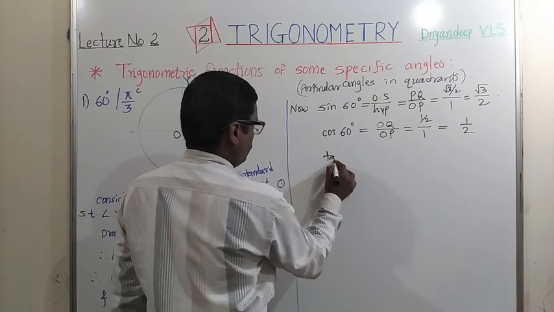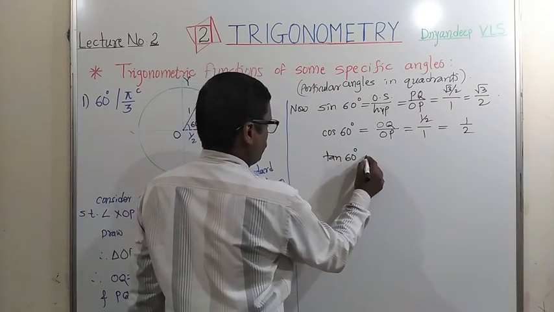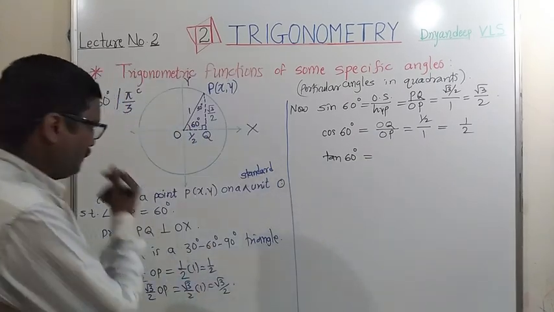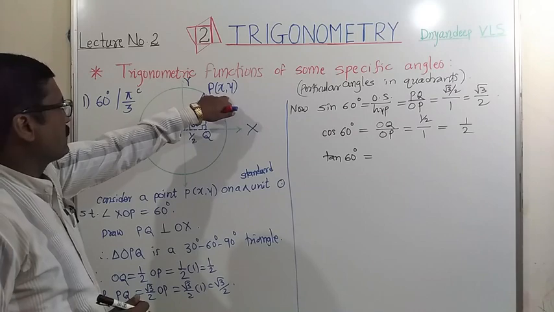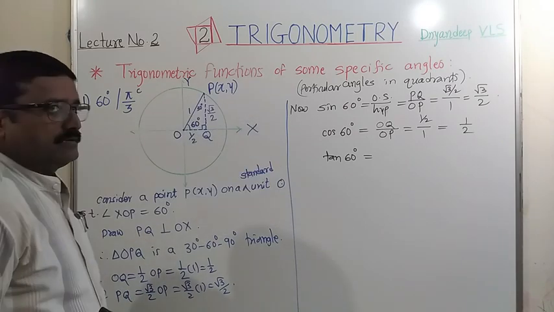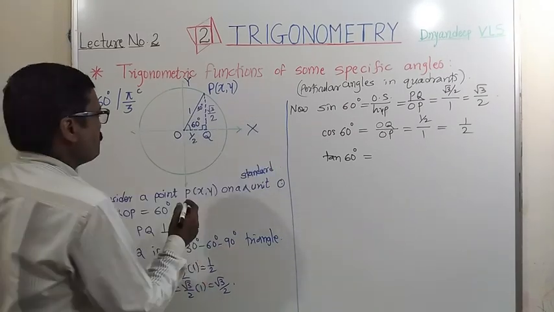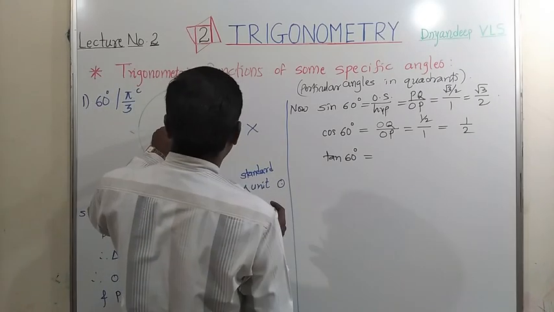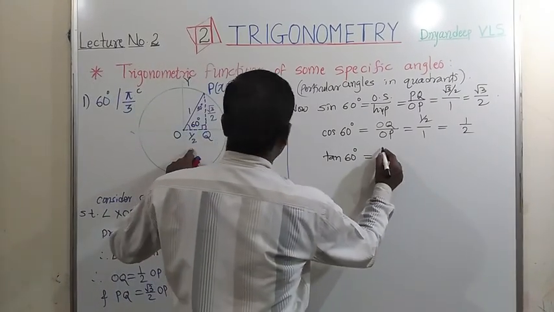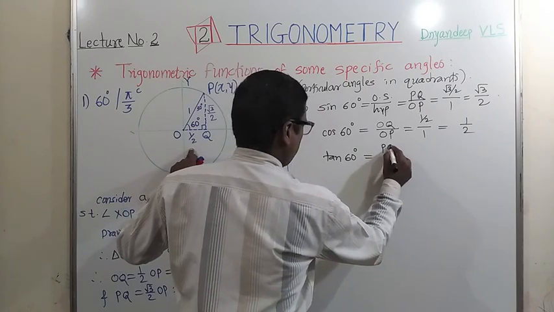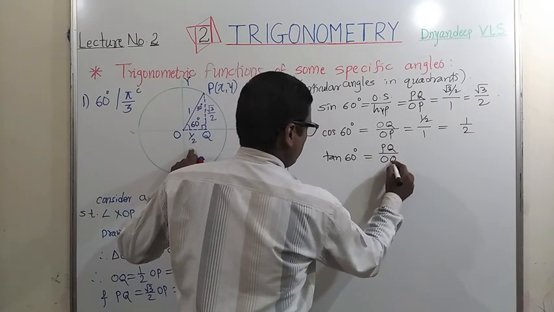Then tan 60. As the point is in the first quadrant, all trigonometric ratios will be positive. So tan 60 is nothing but opposite upon adjacent. Opposite side is PQ, adjacent side is OQ.